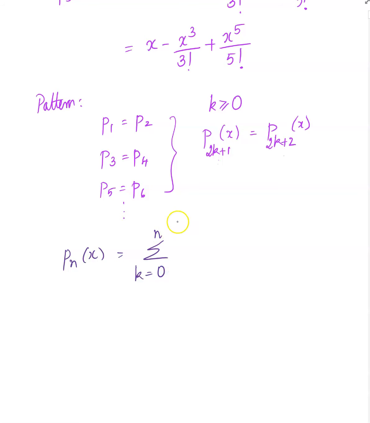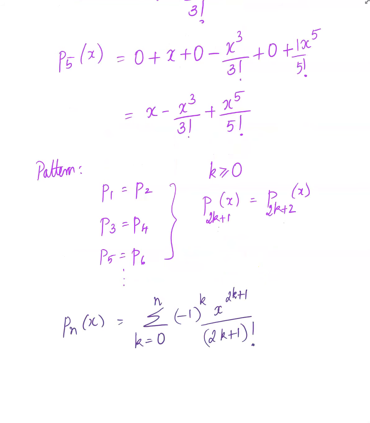It has to go up to n. Negative 1 power k, x power 2k plus 1, over 2k plus 1 factorial.